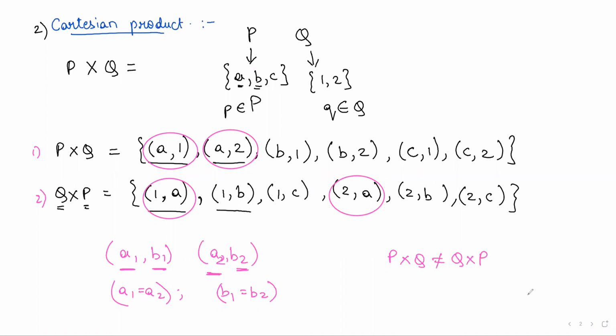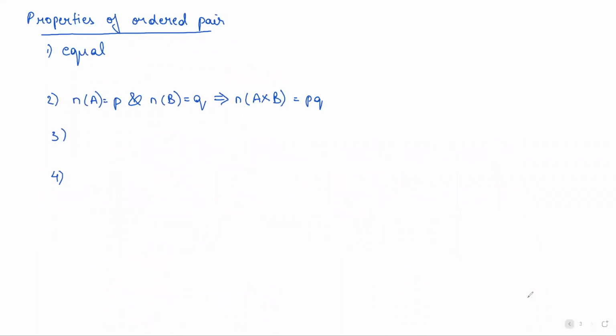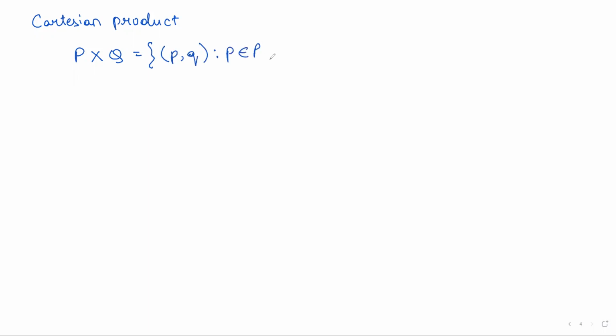Now, let us define this. For any two sets, P and Q, if you take the Cartesian product P cross Q, then this set will be equal to the set of all the ordered pairs p, comma q such that small p belongs to P and small q belongs to Q. This is how you define it.